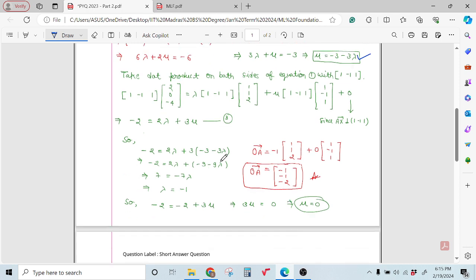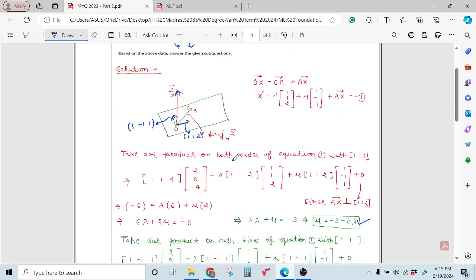So we can easily find the values of lambda and mu, and the calculated value of mu is 0 and lambda is minus 1. So we can easily find vector OA, because OA is the projected vector: if we draw a perpendicular line from this vector to the plane, OA is our projected vector.